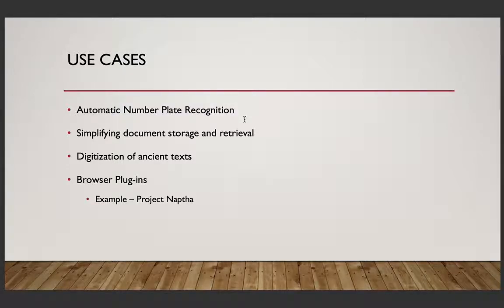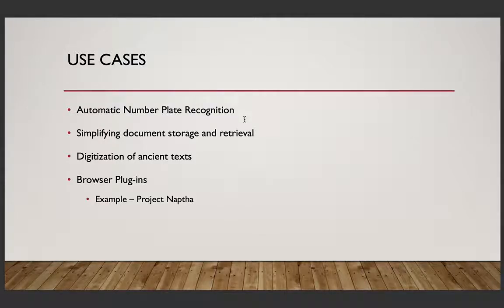So the second application which we can talk about is simplifying document storage and retrieval. Any image, or precisely any high quality image, can range from 1 MB to several hundreds of MBs.